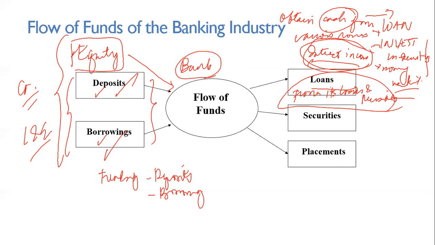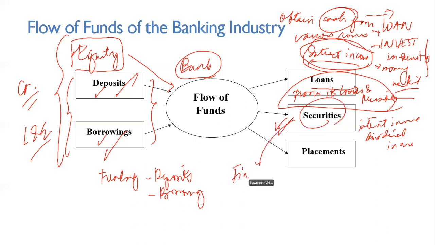Of course, they can also invest that excess cash to securities. They can invest it in stocks or invest it in bonds. And as investor, they will receive interest income out of that, or they will receive dividend income if they invested in stocks. So securities, particularly financial assets.